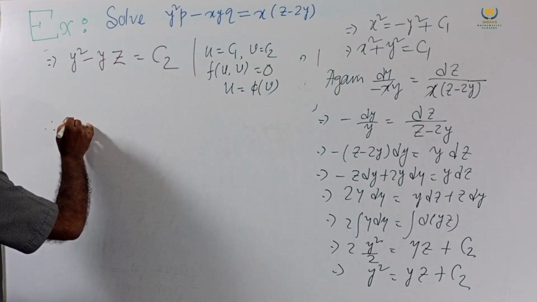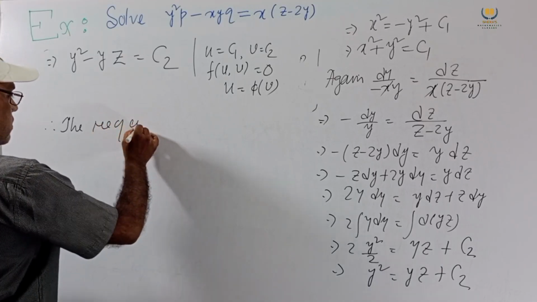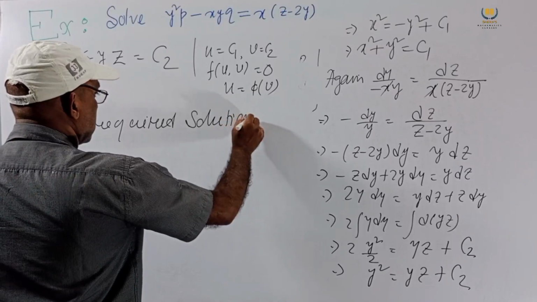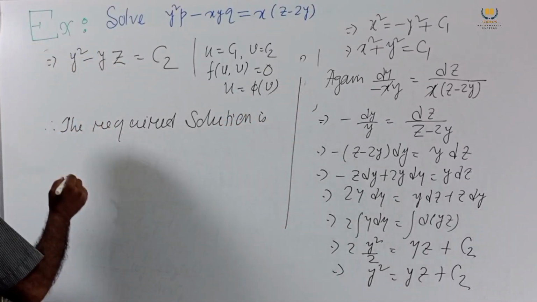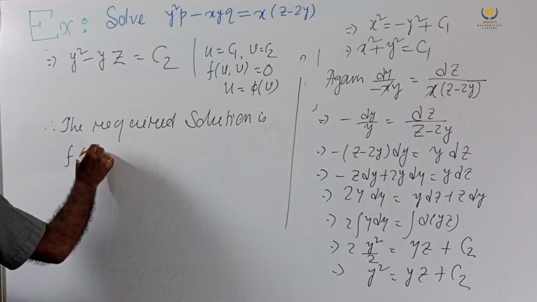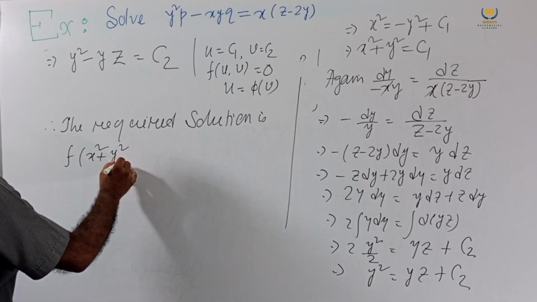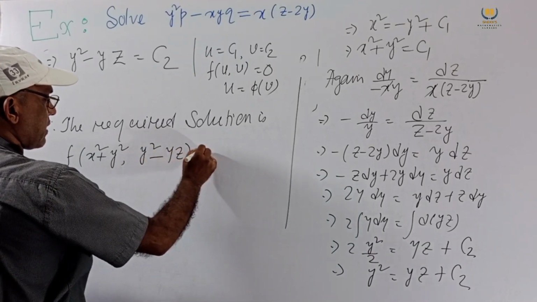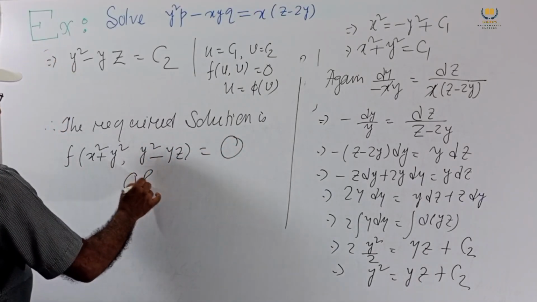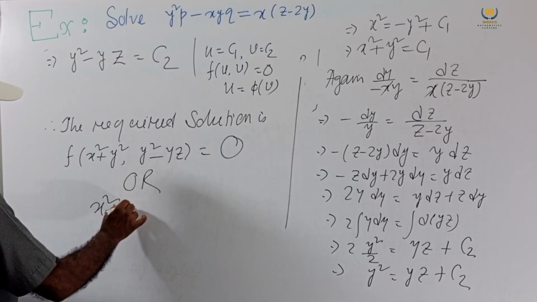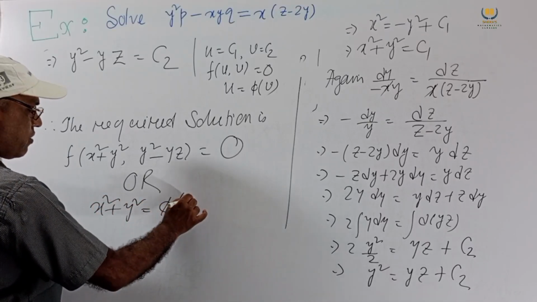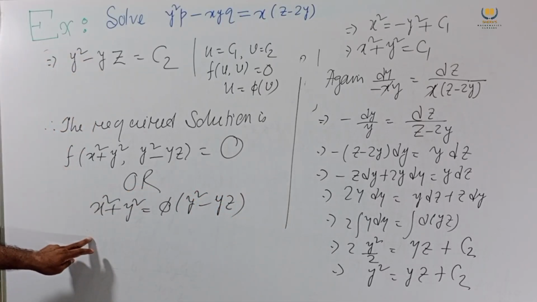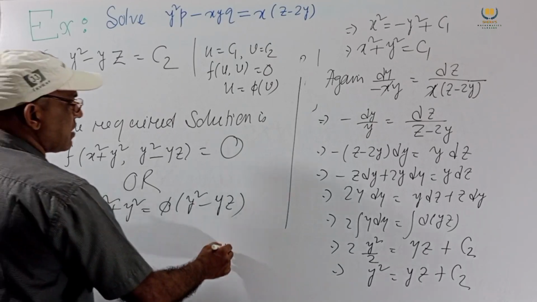Therefore, the required solution is f of x square plus y square comma y square minus yz equals 0, or we can write x square plus y square equals phi of y square minus yz. We can write it in this way also. Either this or this. Better to write this equation. This is our final answer.